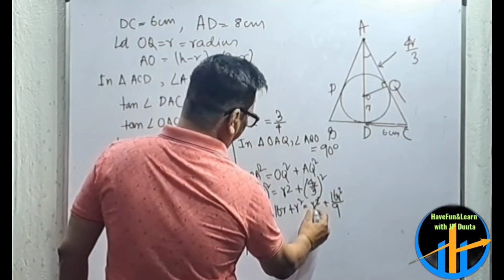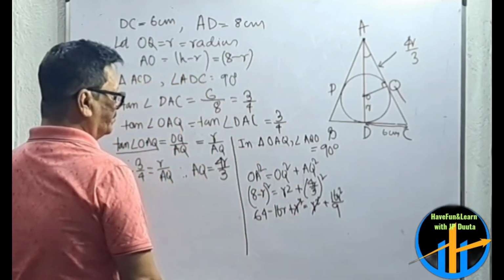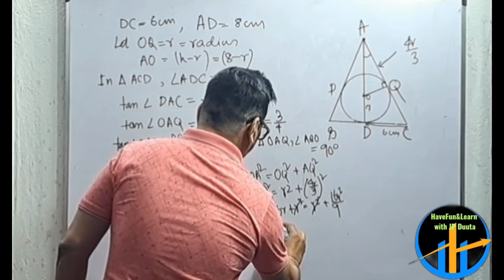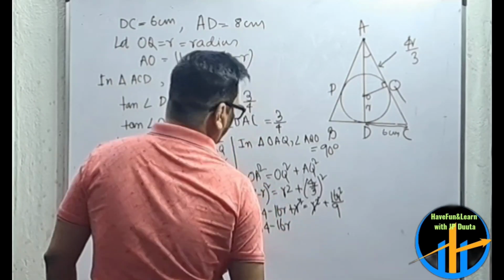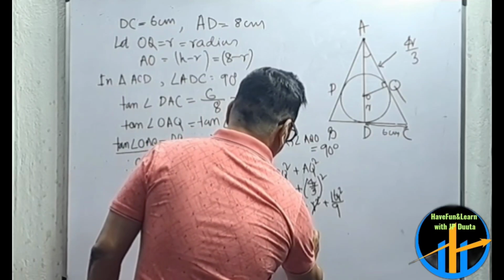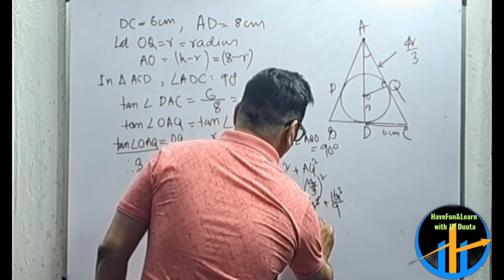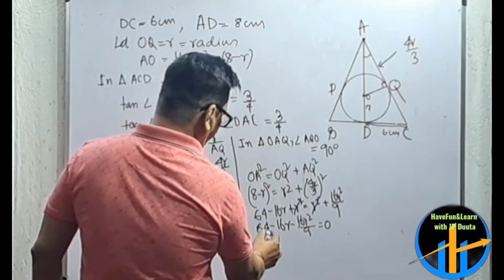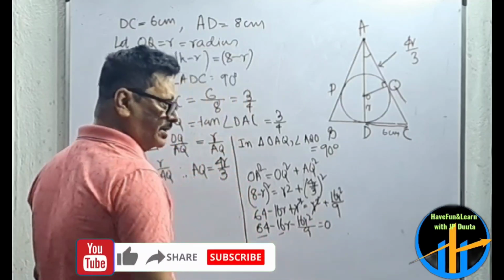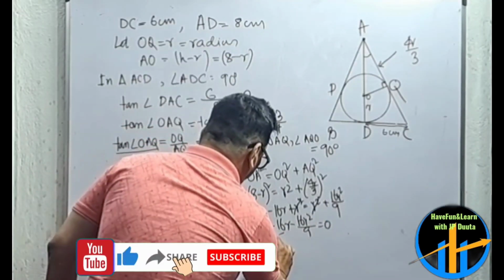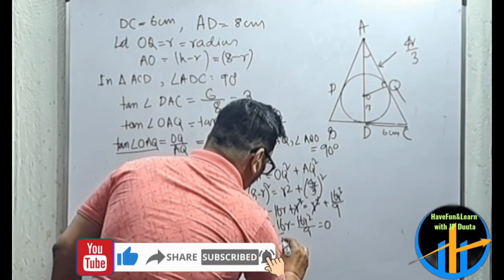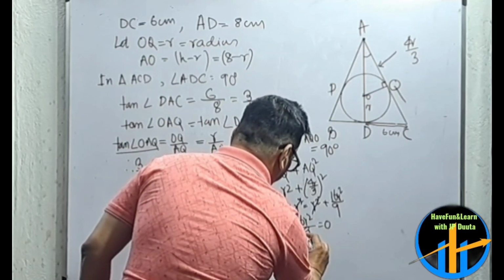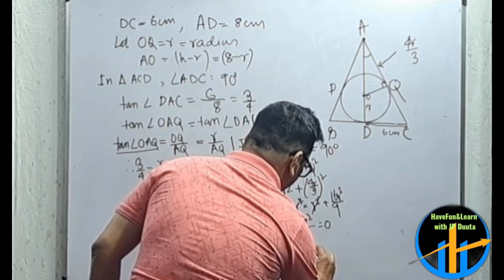Right? This R square and this R square go. So we are left with 64 minus 16R minus 16R square by 9 is equal to 0. So 16, 64, 16, 16. We can divide by 16, right? So you get 4 minus R minus R square by 9 is equal to 0.